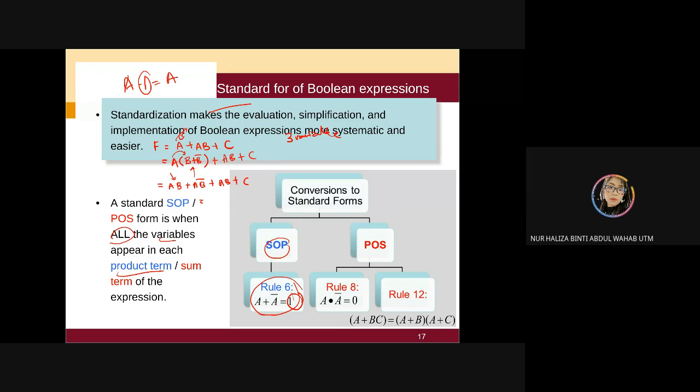But now I lack the C variable. That's why I'm going to do A, B multiply with C plus C bar, because it's equal to 1. Then I'm going to make it as A, B, C plus A, B, C bar. Now I have a complete standard Boolean expression.